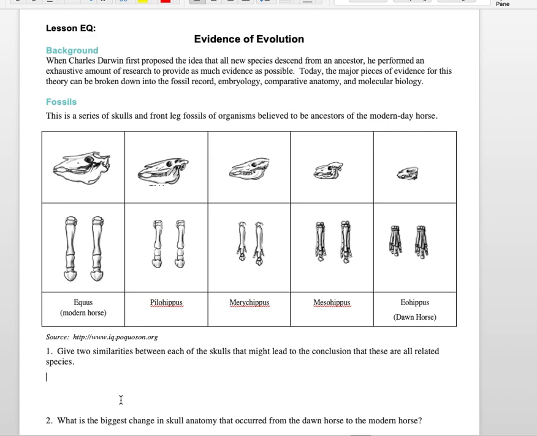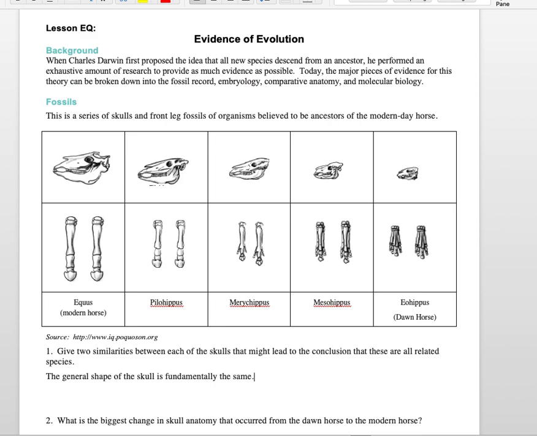So I think I already mentioned that: the general shape of the skull is fundamentally the same. Okay, if we look at the shape, it's fundamentally the same. Now that would be one similarity.